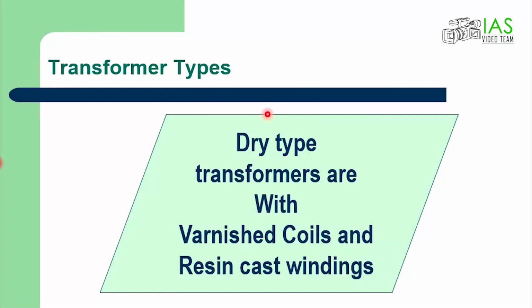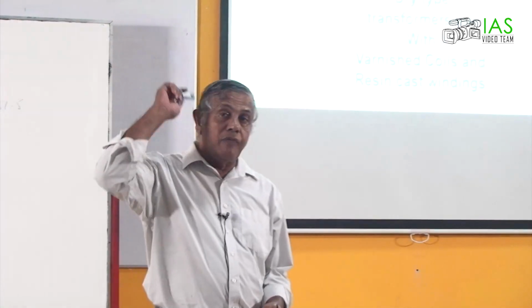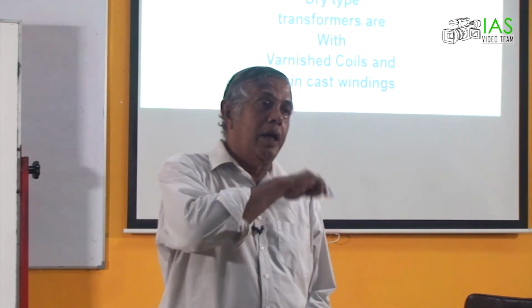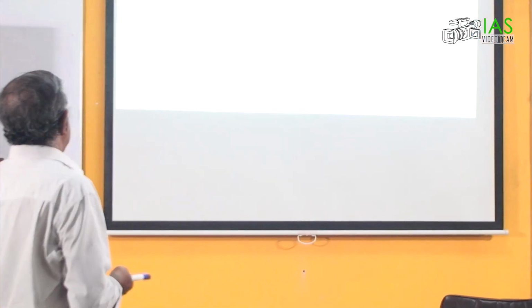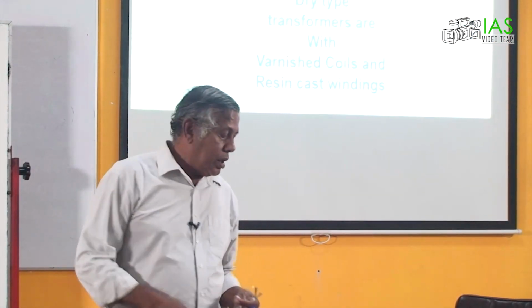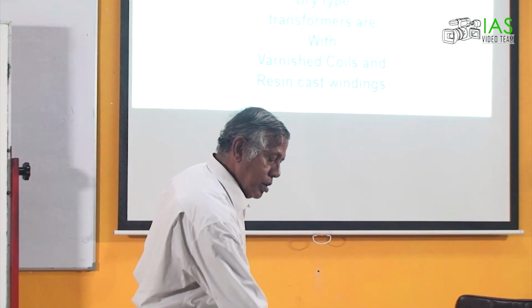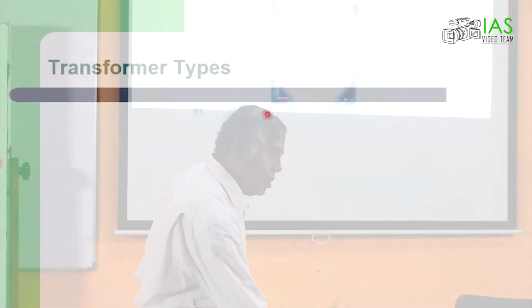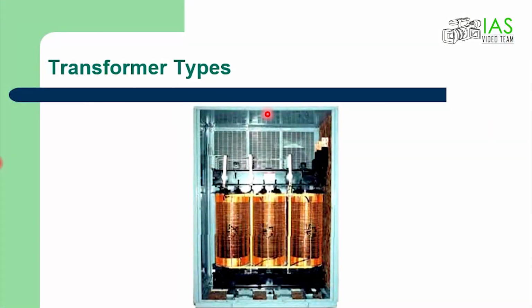So dry type transformers are with varnished coils and resin cast windings. What we have seen in one of the previous slides are resin cast dry type transformers, and this one is a resin cast dry type transformer.